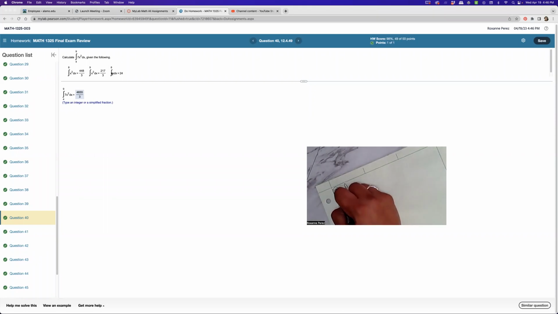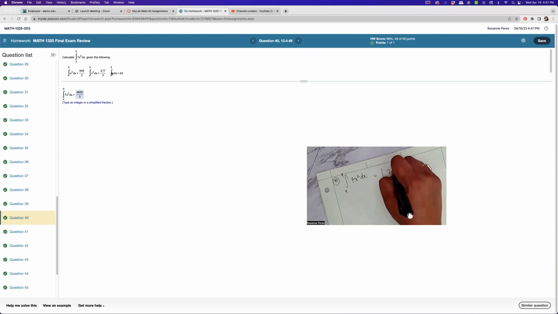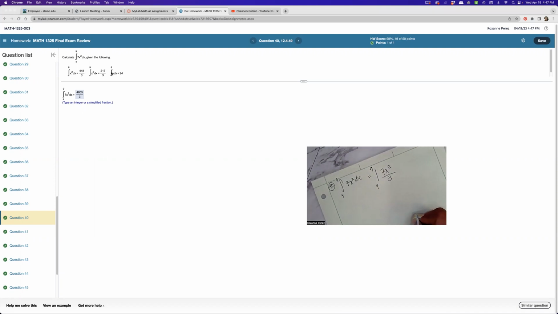So we're evaluating the integral from 4 to 9 of 7x squared dx. Taking the integral gives us 7x cubed over 3, and we're evaluating from 4 to 9.